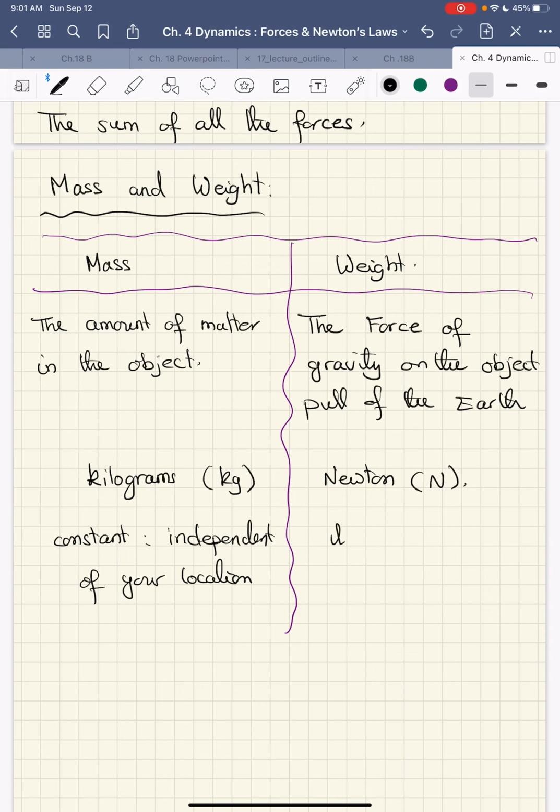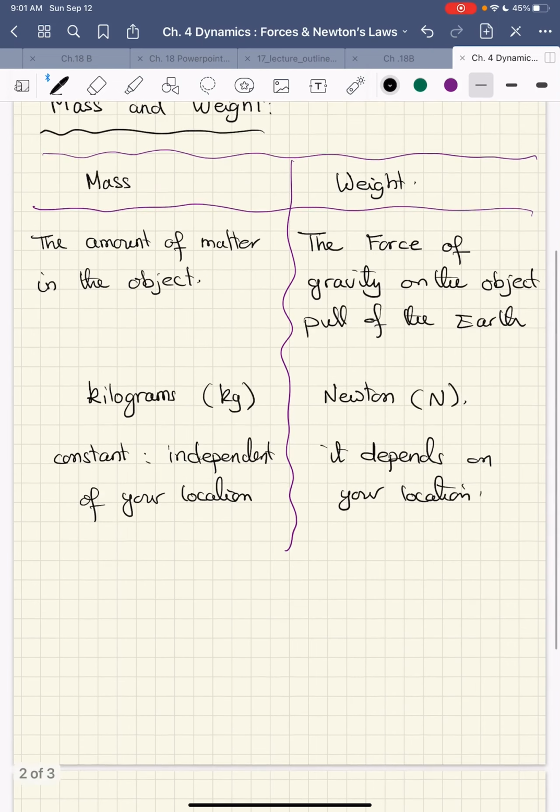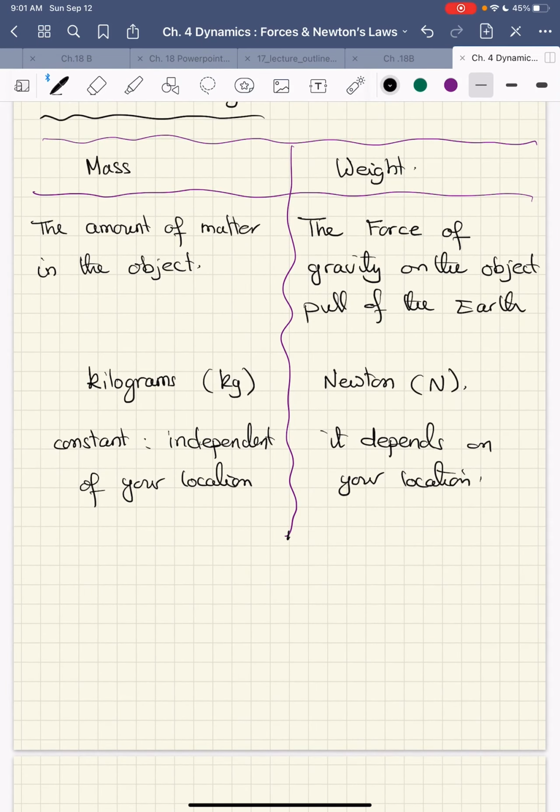Weight depends on your location. If you are on the moon, you have a different weight than you have on the earth. Also, mass is a scalar quantity and weight is a vector quantity.